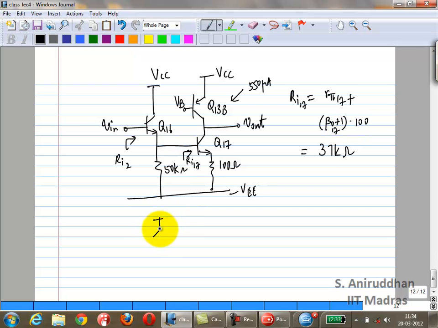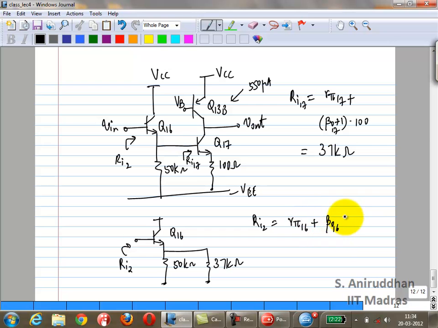Okay. So now what is Ri2? Nothing but R pi 16 plus correct?